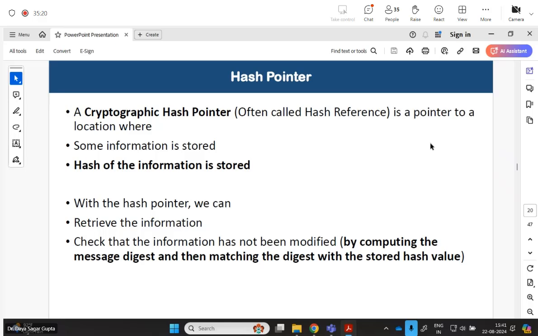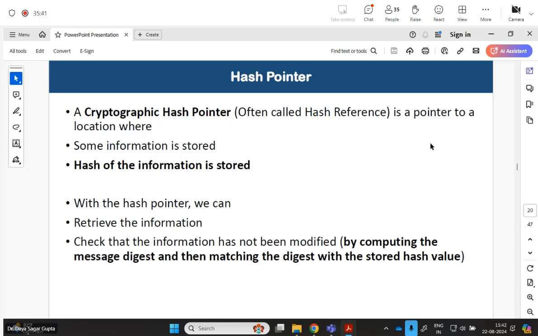If you study the linked list, memory pointers are there, but in the case of blockchain, we are going to have this hash pointer. What do you mean by hash pointer? It is a cryptographic hash pointer, call it hash references as well.